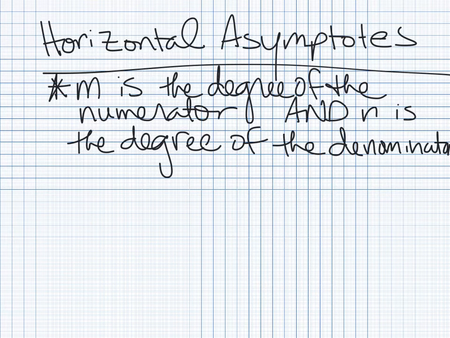And these are the values that we want to consider to decide if we're going to have a horizontal asymptote or not. So there's three different ways to decide.